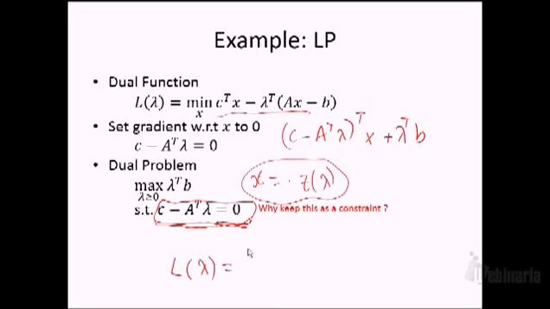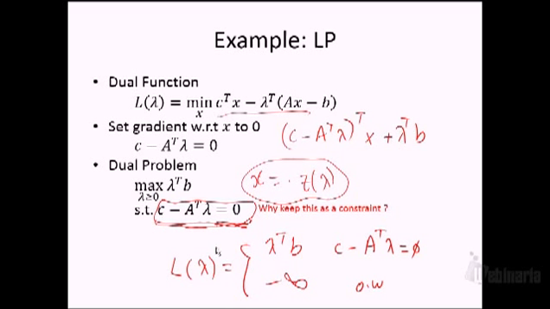And hence it's not accurate to say that the dual function is lambda transpose b. Rather, it's lambda transpose b only if C minus A transpose lambda is equal to 0. Otherwise, the dual function is actually minus infinity.